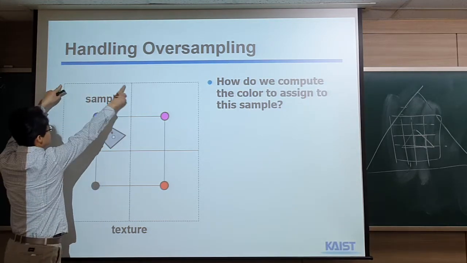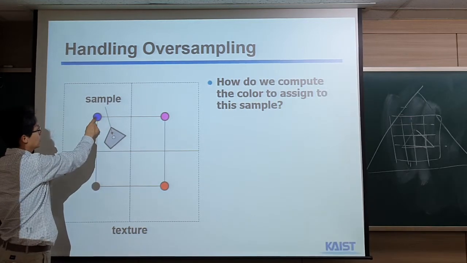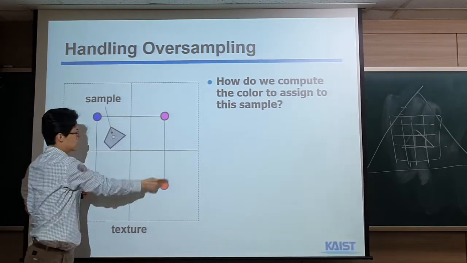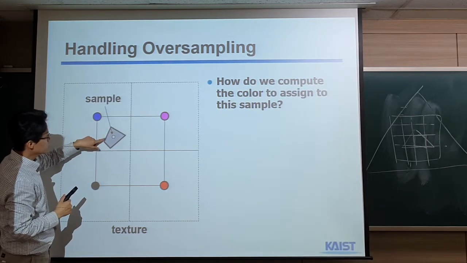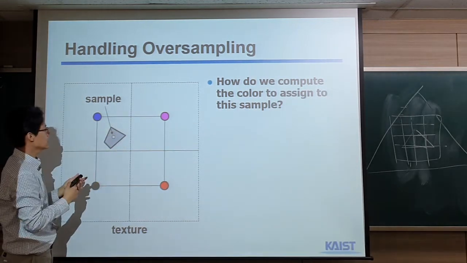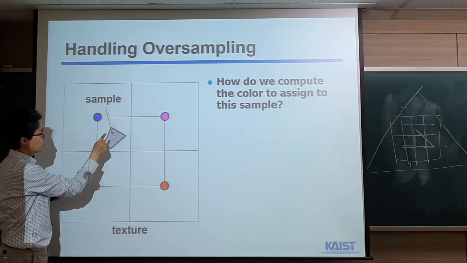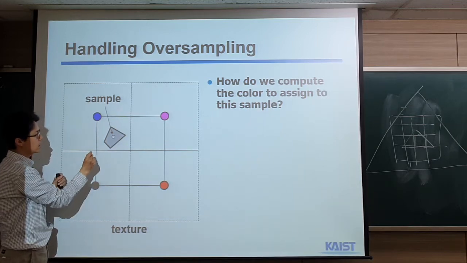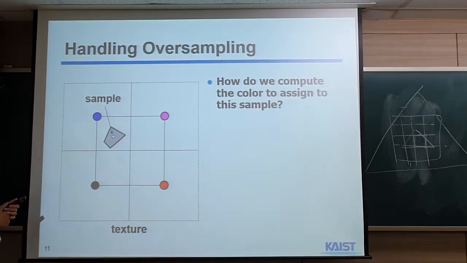Suppose that this is the texel, the center of the texel, and it has this color, and then some of the texture region maps to the pixel in the screen space, and then I pick the sample. Basically, I need to get a texture color for that sampling point.